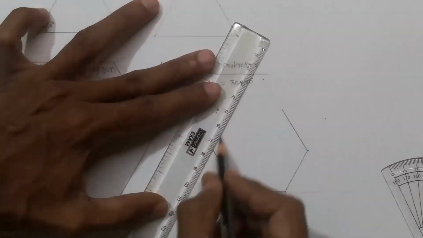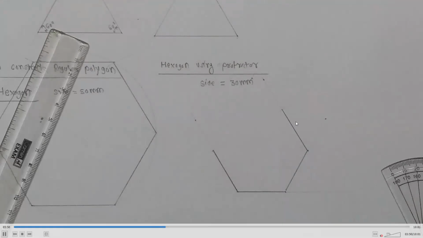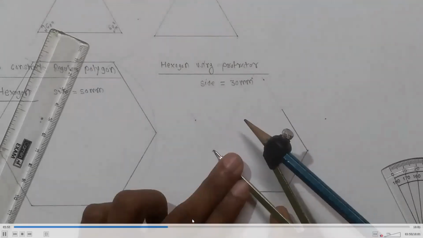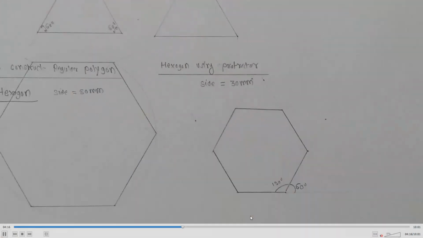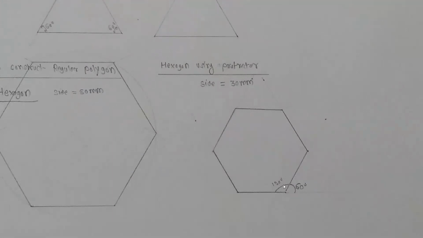So you can directly mark the distance by using the scale. So you can observe here, the angle is 60 degree externally and the internal angle is 120 degree.